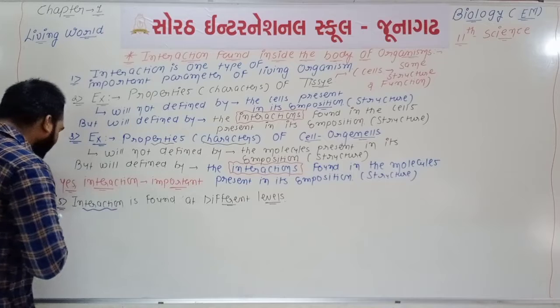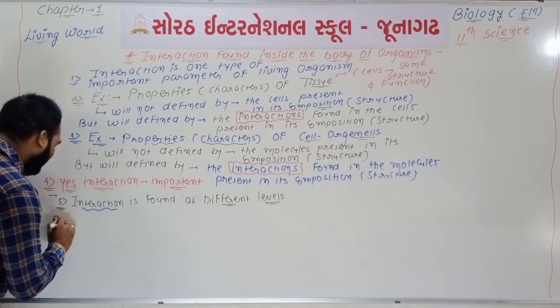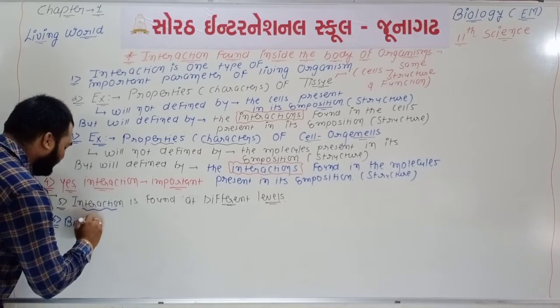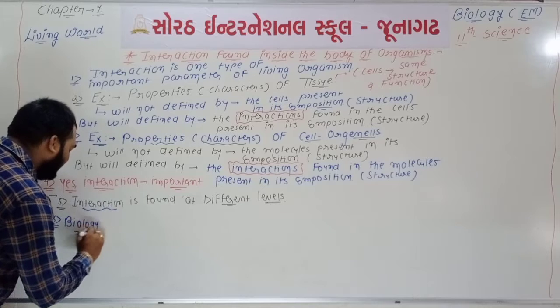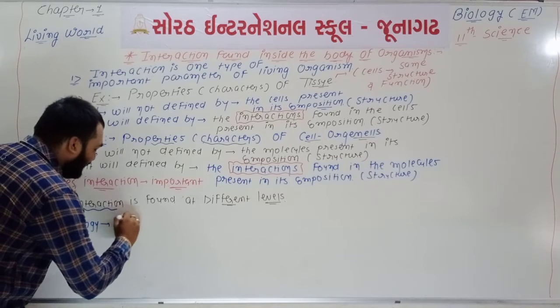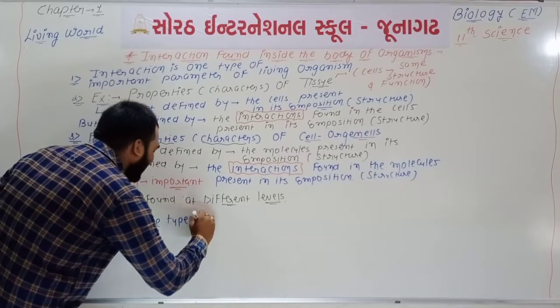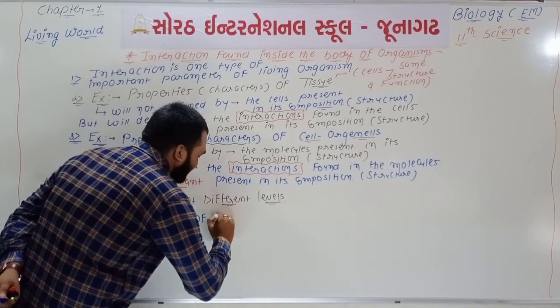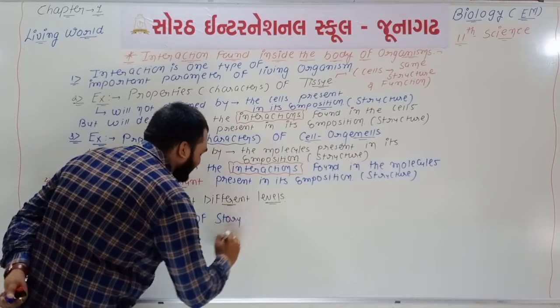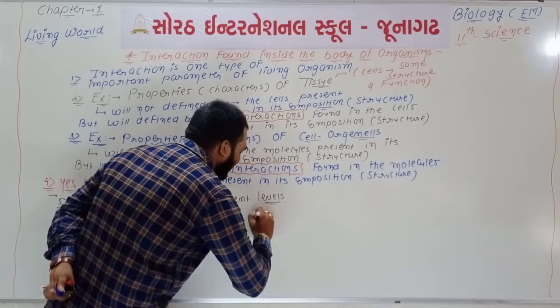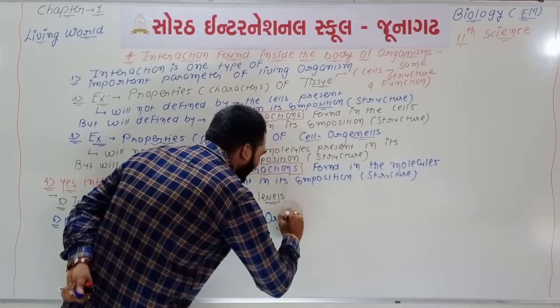Now if we talk about point number 6, here we can say that in biology it is one type of story. Biology is one type of story of the living organism.